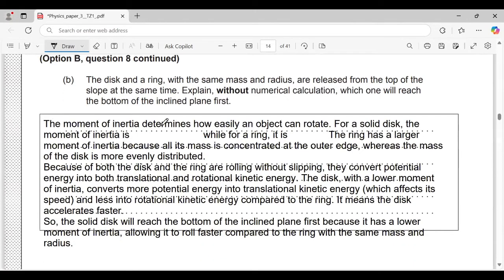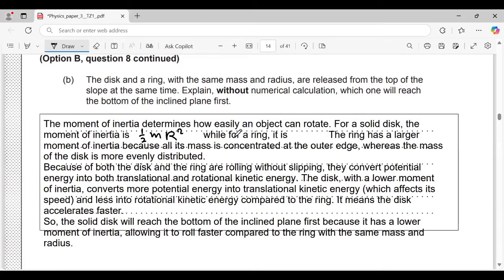The moment of inertia determines how easily an object can rotate. For a solid disk, the moment of inertia is half m r squared, where m is mass and r is the disk radius.